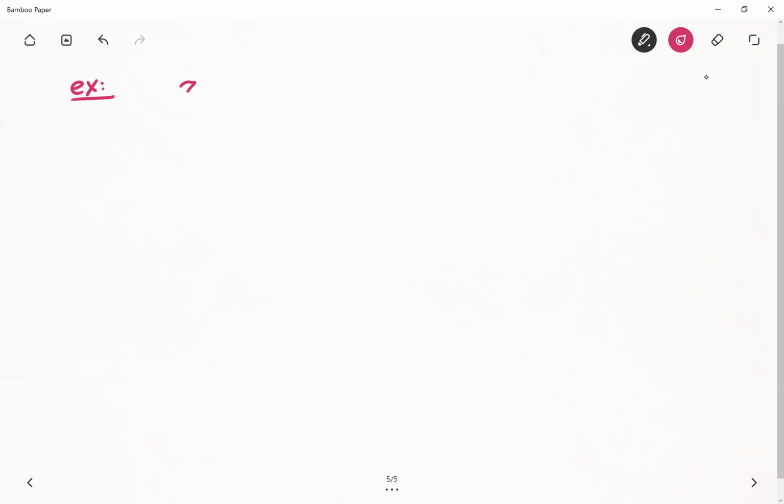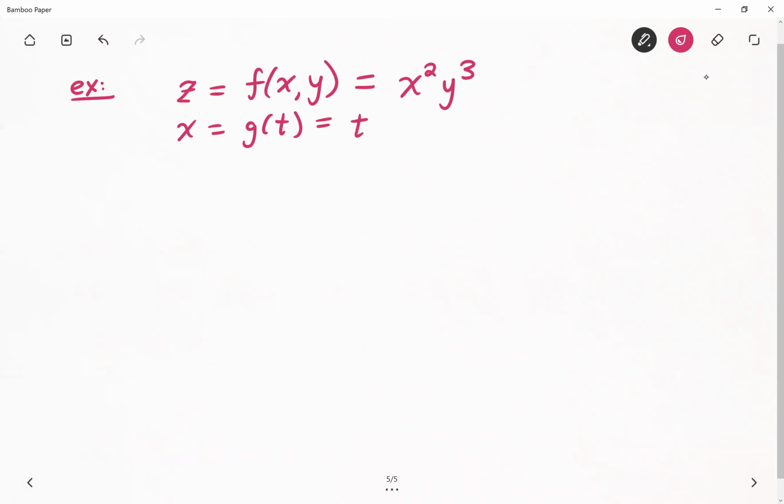Let's say that we have z is a function of x and y. Let's make this x squared y cubed. Let's furthermore say that x is a function of t. Maybe that's t squared plus 3.